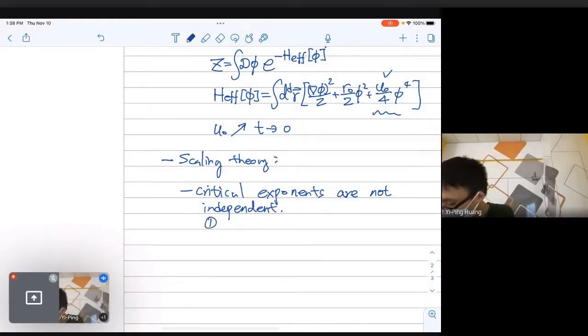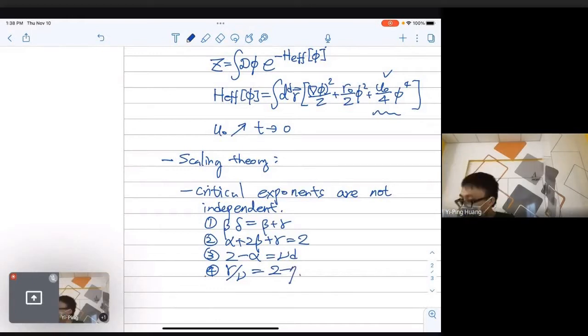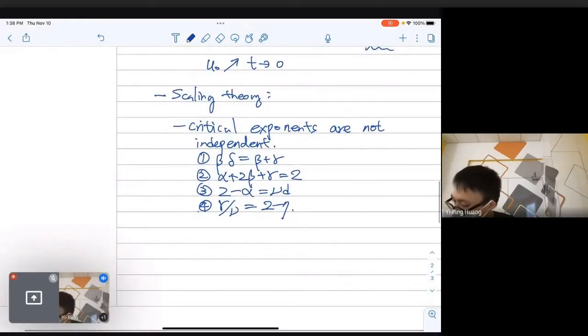The first relation is beta delta equals beta plus gamma. The second is alpha plus 2 beta plus gamma equals 2. The third is 2 minus alpha equals mu d. And the fourth is gamma divided by mu equals 2 minus eta. So the question is why these critical exponents need to satisfy these relations.